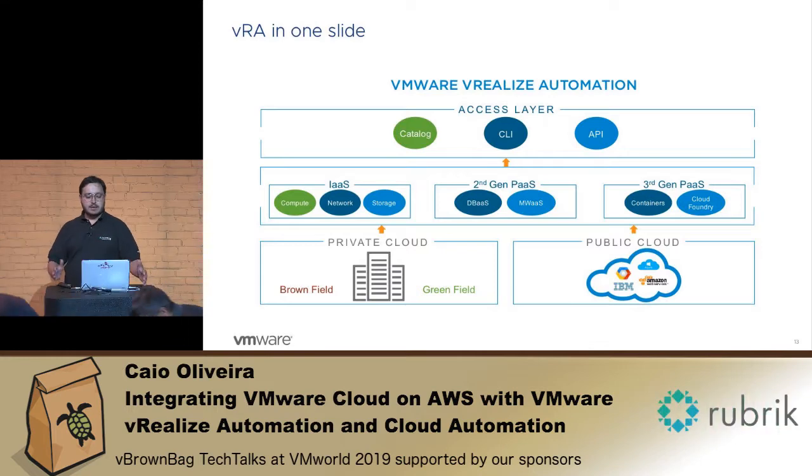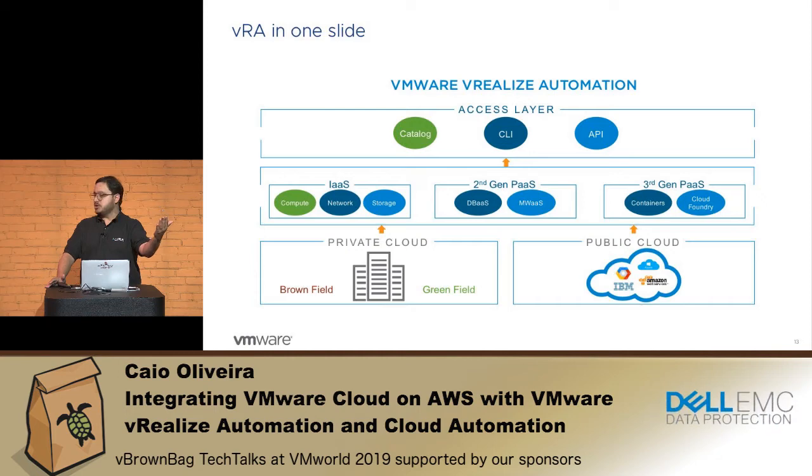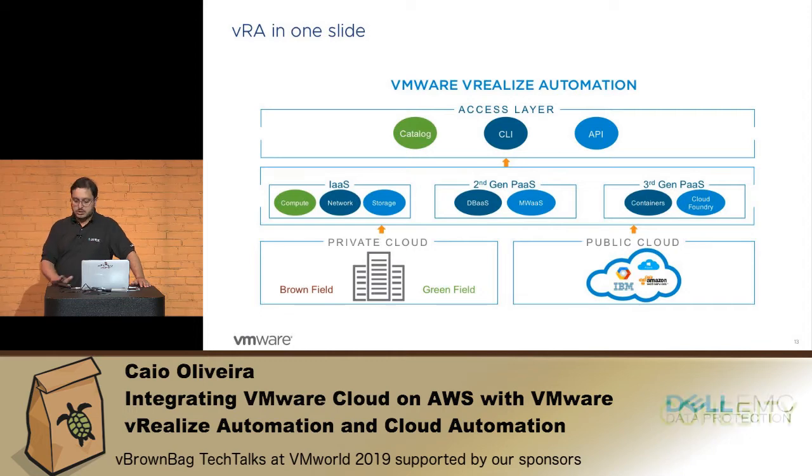Whether I have a private cloud or I'm using public clouds, I can create an abstraction and do that for IaaS, infrastructure as a service, or PaaS, platform as a service. And then I can create an access layer, which I can expose as a catalog for my IT administrators, or I can expose as a CLI or API directly for my developers, right?